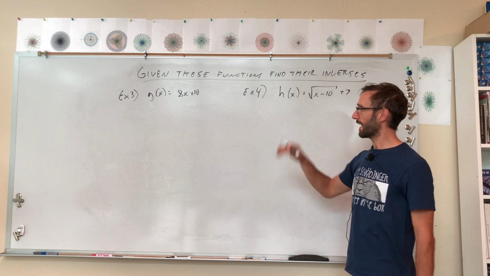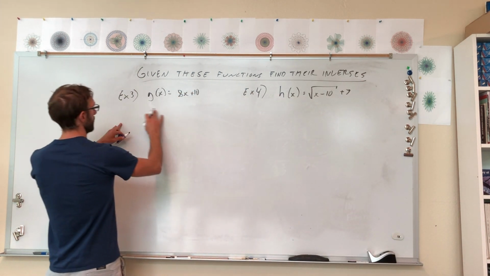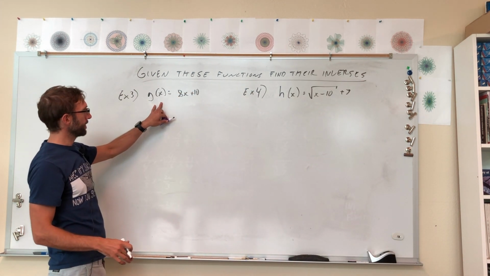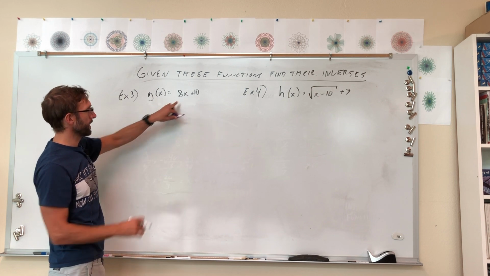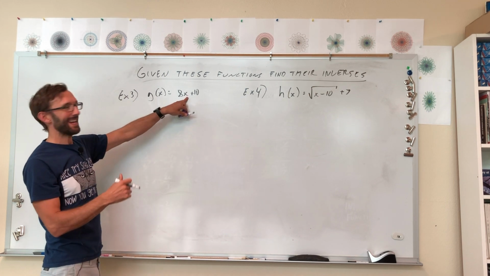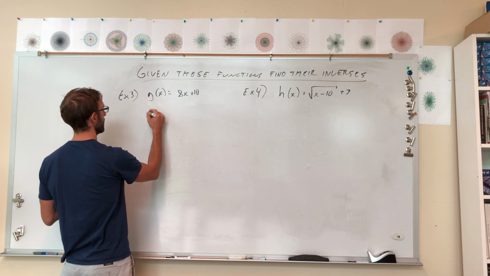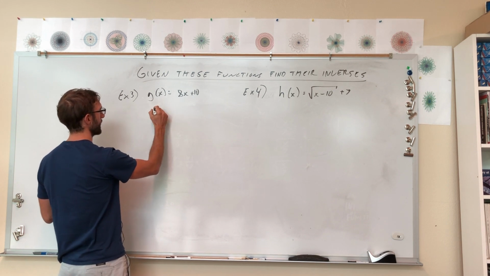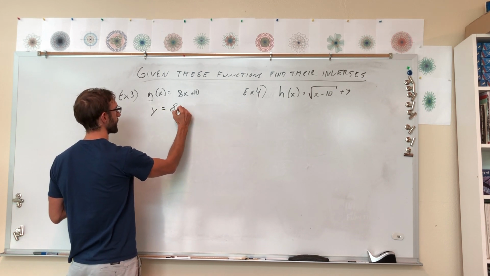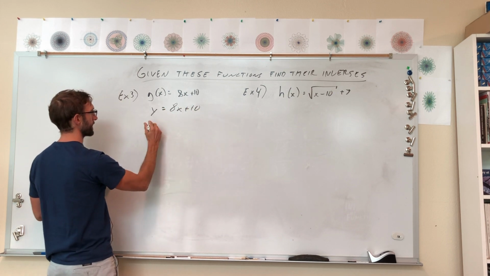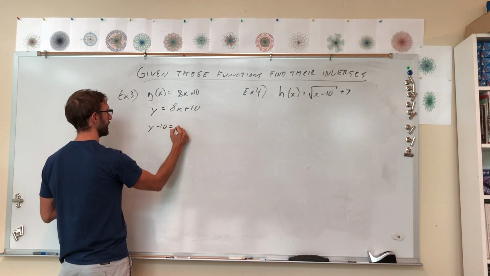All right, so let's go ahead and tackle these. So to find the inverse of these functions, we isolate x. Instead of g of x, I'm just going to write it as y. All right, so we're going to subtract 10, 8x.